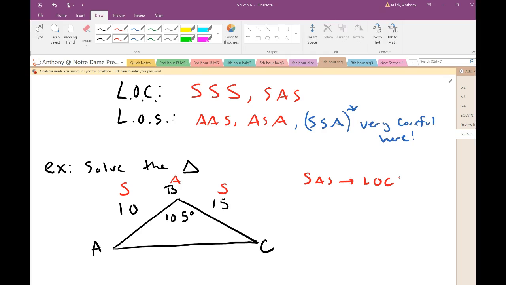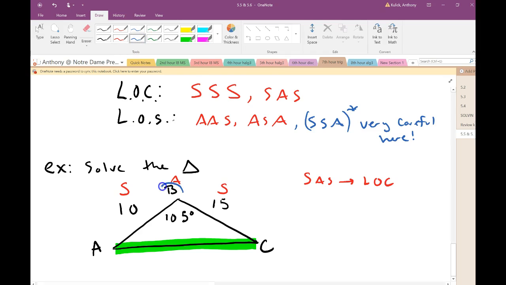So sure, let's talk about that right now. Okay? So notice in the formula, what I'm going to find first with the law of cosines is this side here. What letter would I name this side?